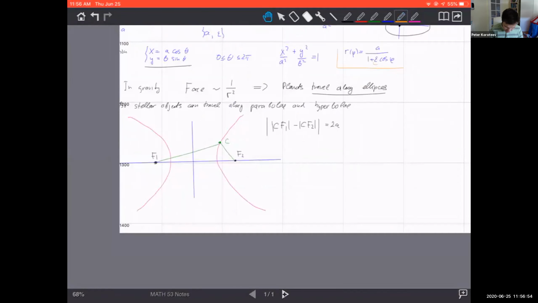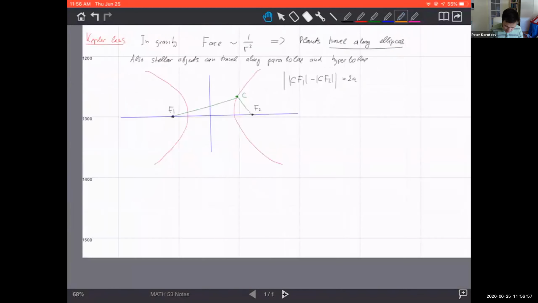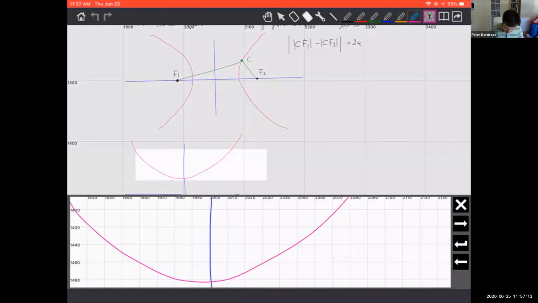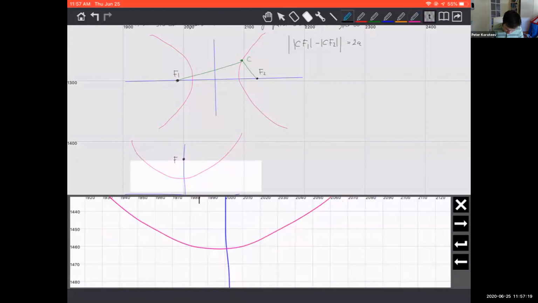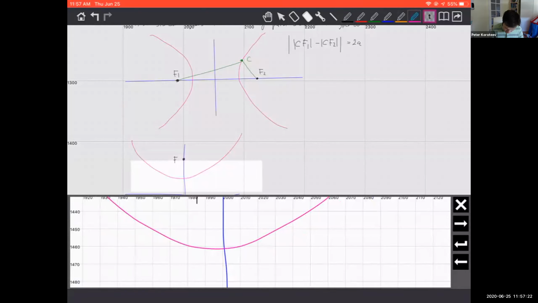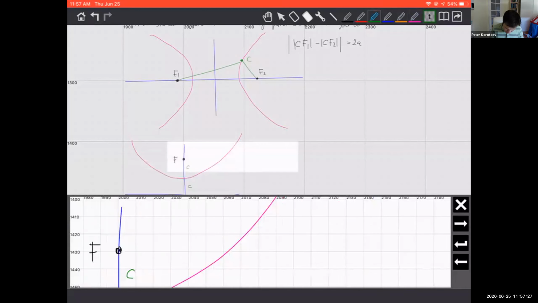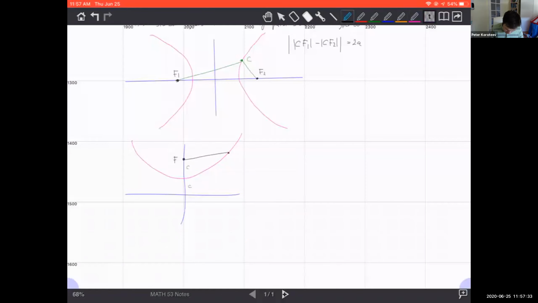So this is hyperbola, and finally parabola. To define a parabola, you need only one focus, F. You draw a horizontal line, and you calculate distances from the focus to the set of points.